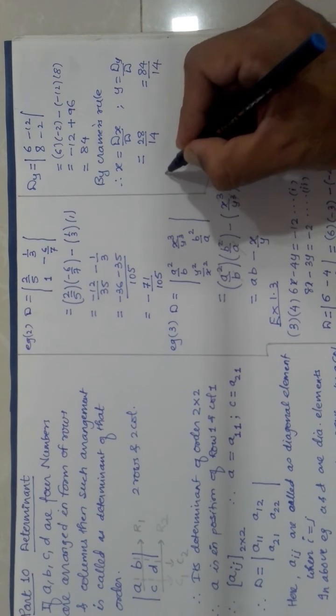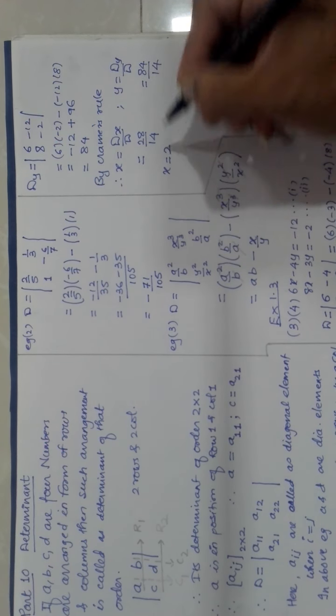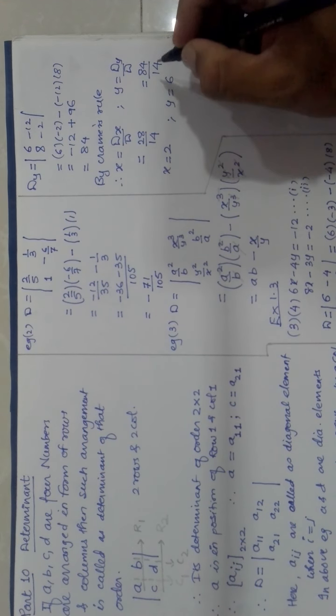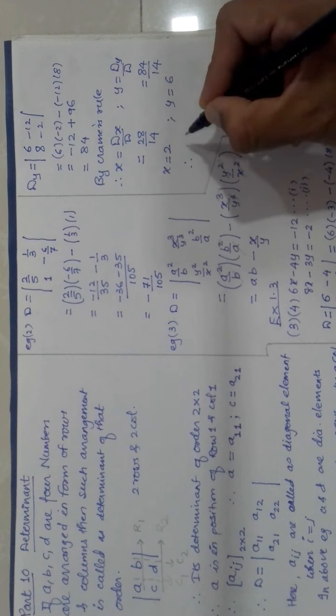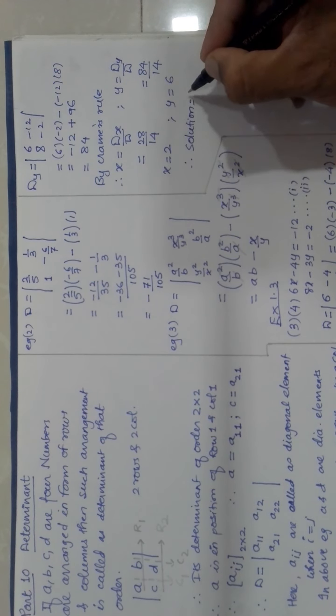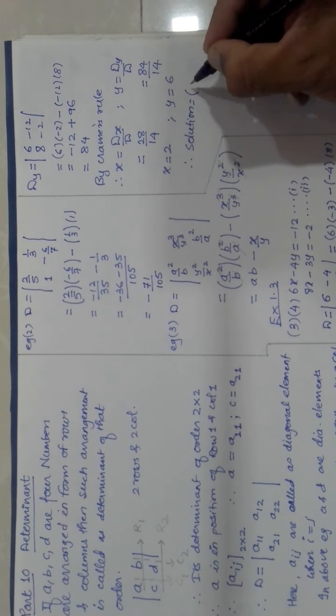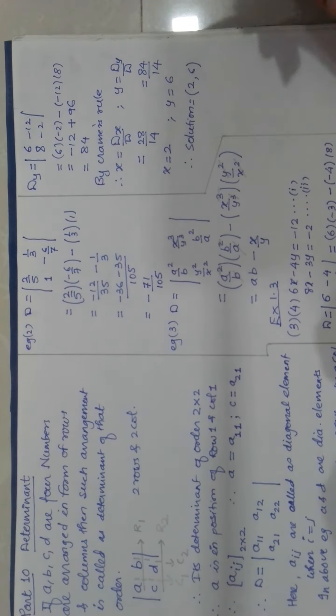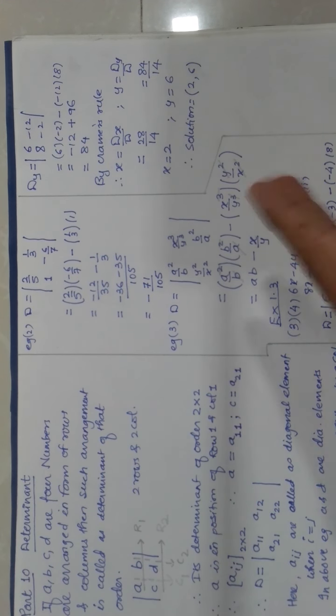So you get here x is equal to 2 and y is equal to 6. So therefore you get your golden statement here that the solution is round bracket 2, 6.